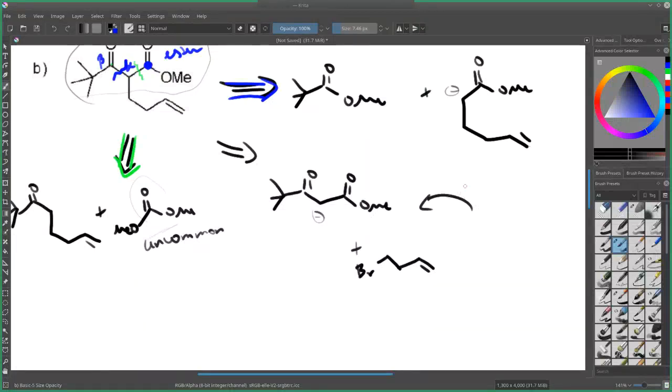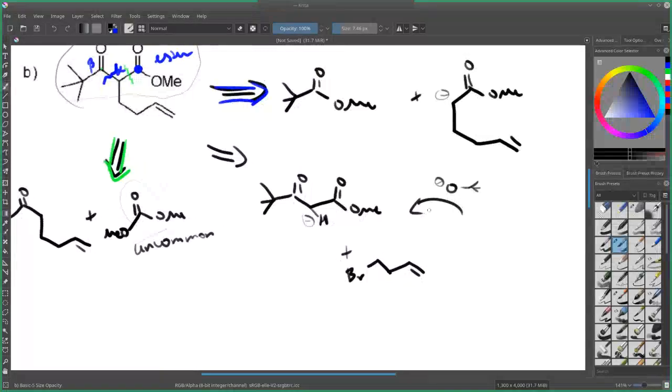You could use some large base, this bulky base, because this is a very acidic hydrogen here. It's kind of hard because there's an ester here too, so maybe you want to use a base that won't displace that ester, which this O-t-butyl might do.